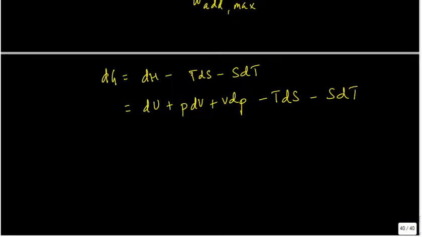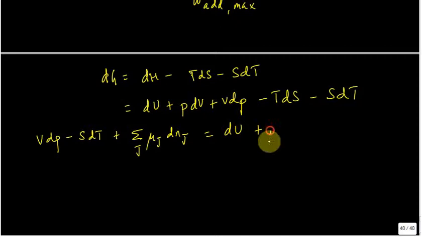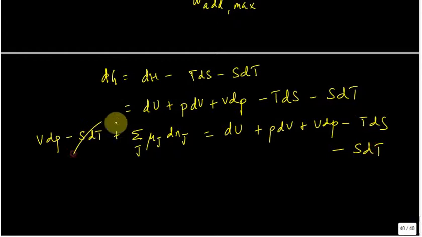And if I write the expression for dG from above, then it is VdP minus SdT plus sigma j mu j dnj, equal to this entire thing plus VdP minus TdS minus SdT, and I can cancel VdP with VdP.